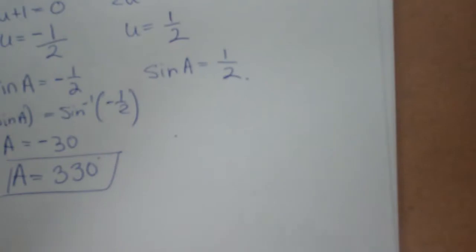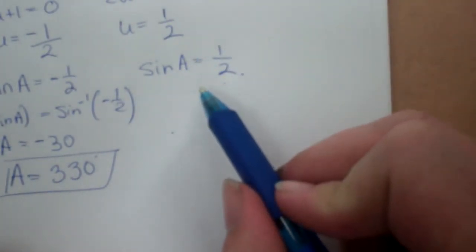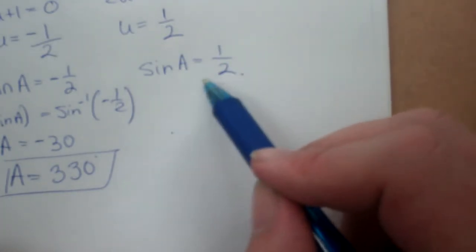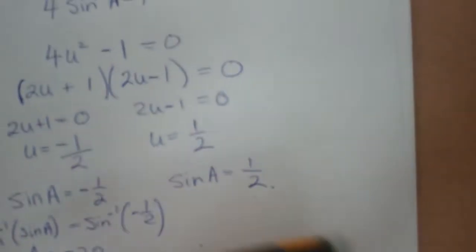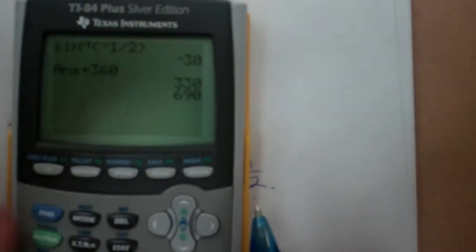Now let's find it for the sine of a equals 1/2. Really, you should know what angle we can put into a sine and get 1/2. I'm hoping that you do know that. You should have that memorized because it is a special angle. Let's check by using the calculator, though. So the inverse sine of the sine of a must be equal to the inverse sine of 1/2.